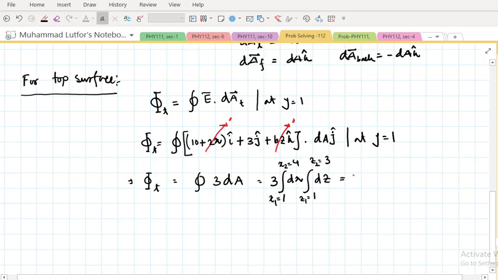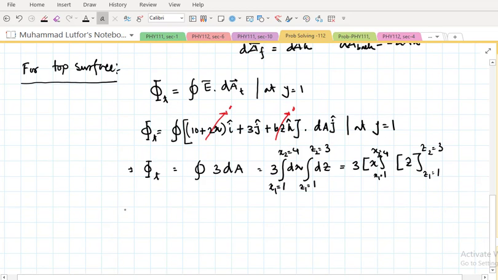If you integrate dx, you'll find x, I just put the values 1 to 4. I can write x1 to x2 is 4, and z1 is 1, z2 would be 3. Now you can put in the values.